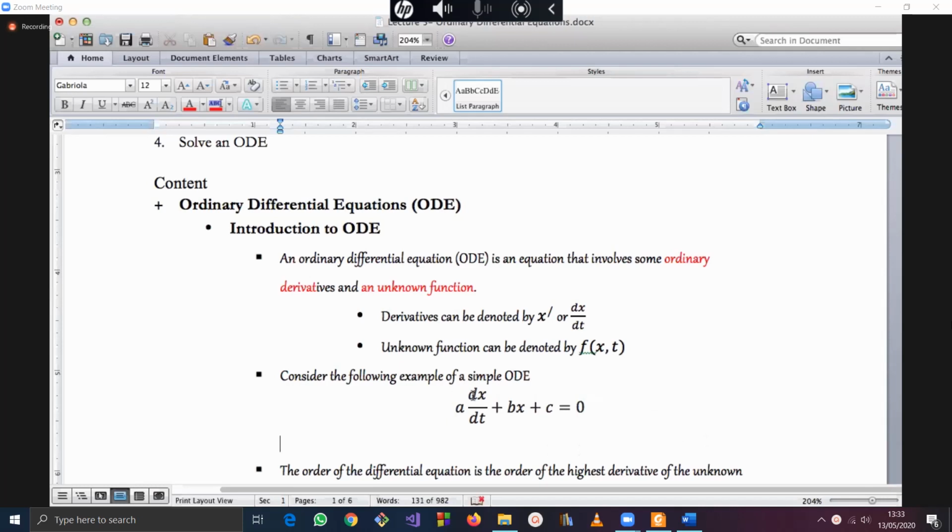Number one, we have this derivative part. This is an ODE because we have this derivative part. And of course, we have an unknown function. We have x that we don't know its value. x is unknown.